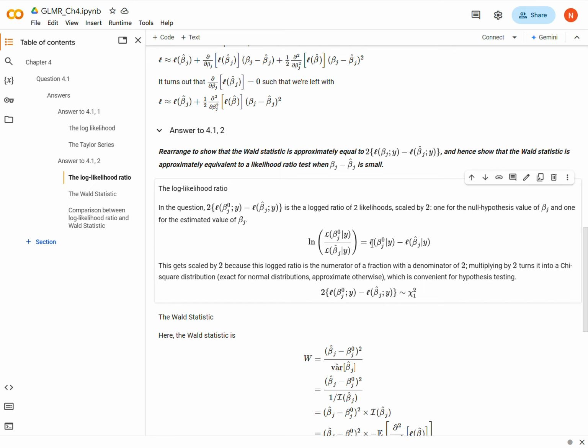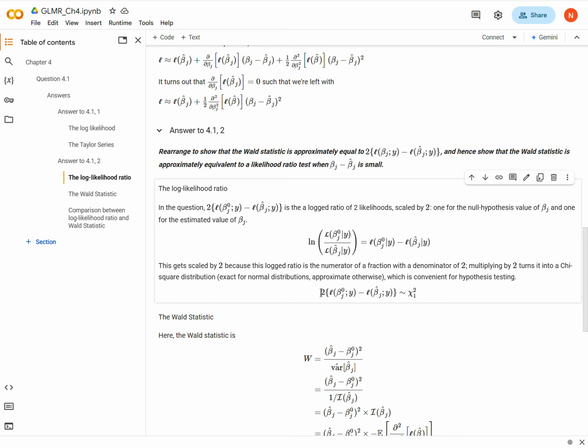Okay, so that's the log likelihood ratio, and then for reasons that aren't really important, if you multiply this by 2, you get a chi-square distribution, and it's exactly a chi-square distribution when the probability distributions that we're dealing with are normally distributed.